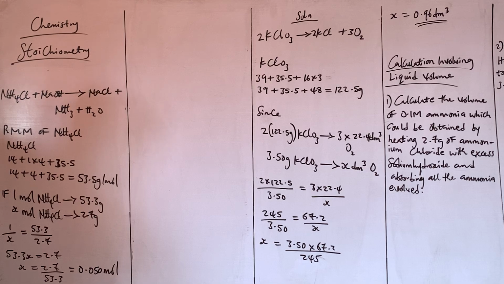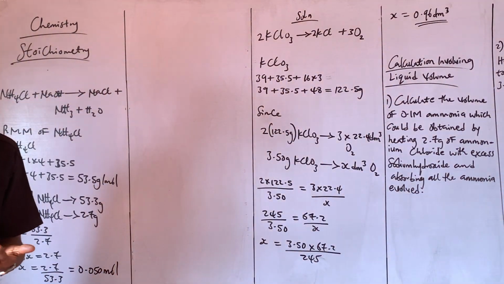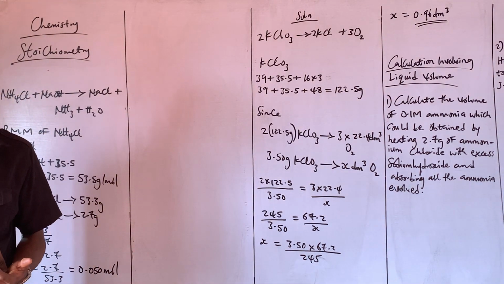Now, to obtain what we are asked in the question, that means we have to dissolve 0.1 mole of that ammonia in a solution of 1000 cm cube. In a solution of what? To get the volume, because this molar has dissolution. It is dissolved in 1000 cm cube. Do you understand now?